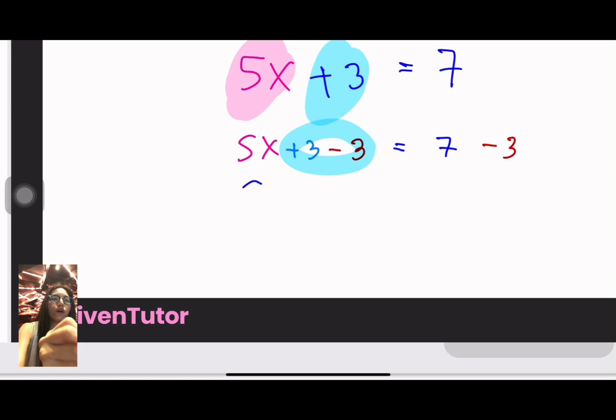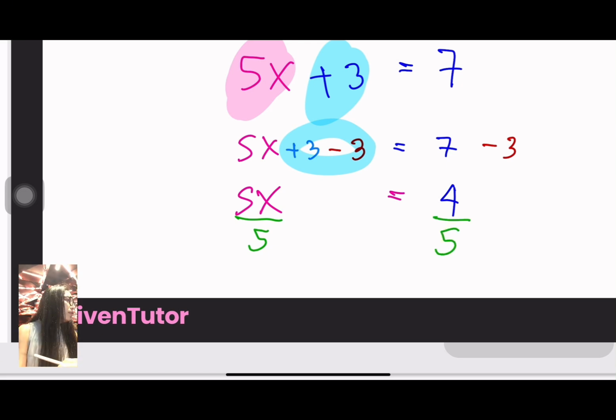Okay, so you will get 5x, oh sorry, here is 5x equal to 7 minus 3. 7 minus 3 is 4, yes, and then divide with 5, divide with 5 right here. Okay, so this will be x equal to 4 over 5, and some people will write 0.8.